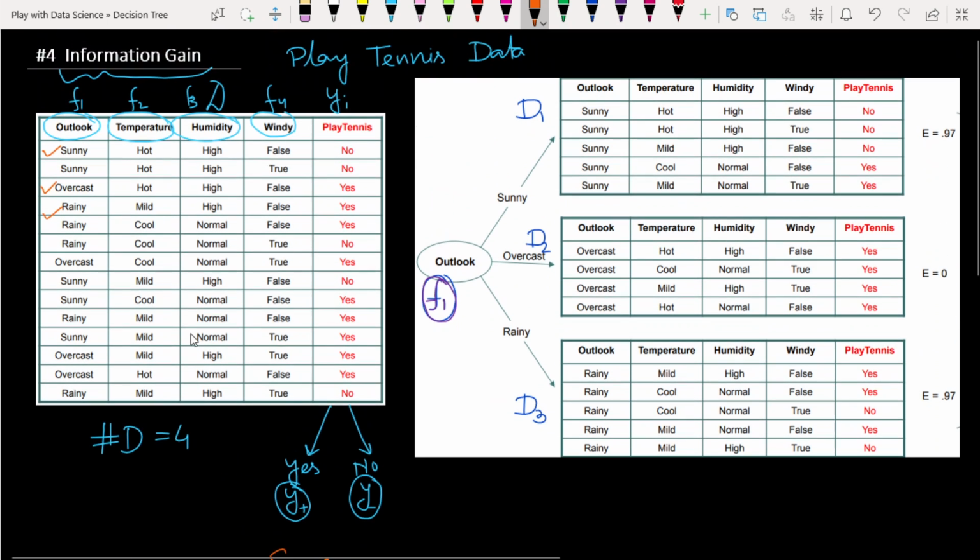Now we have divided our whole data set using feature 1 according to each category.